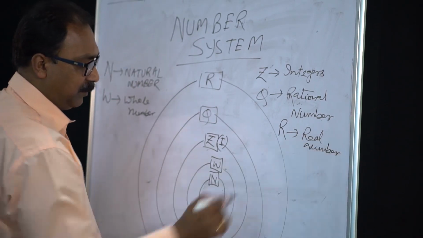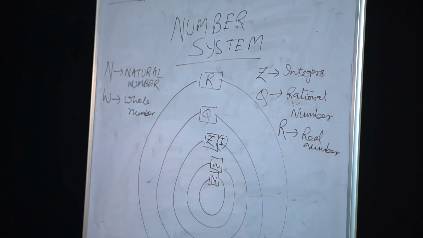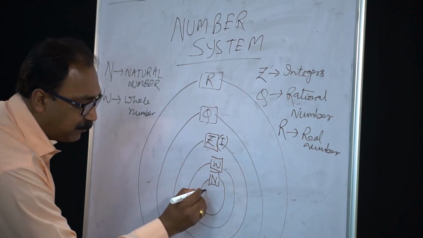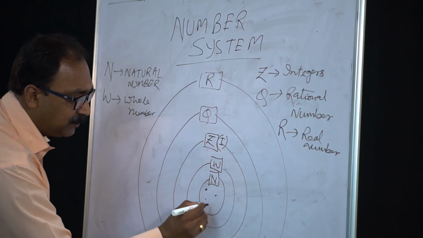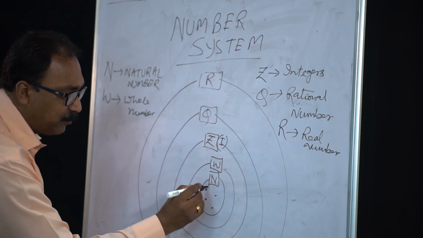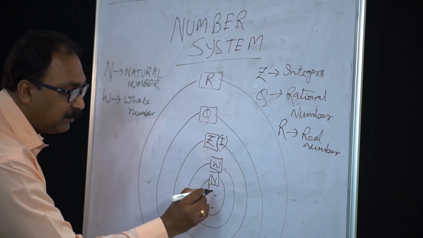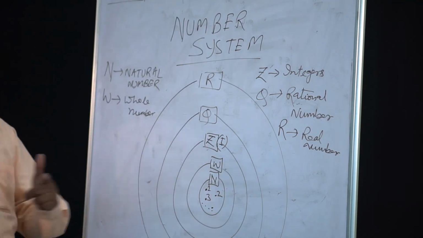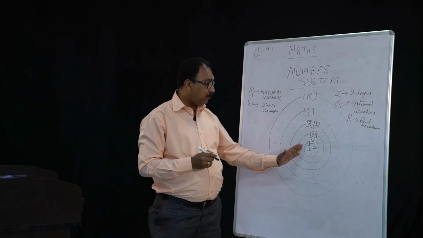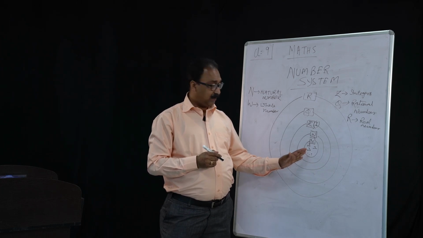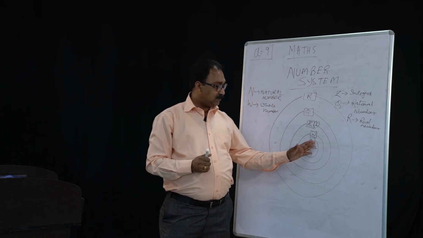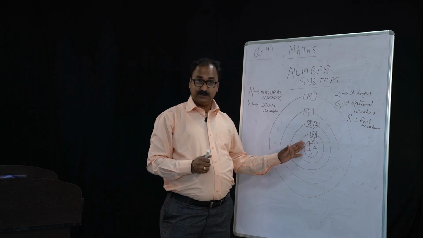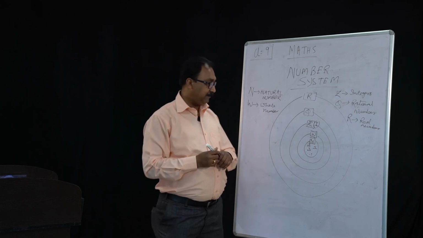Okay. Now what are these numbers? Please look here. If I make some dots, each indicating a number, so many we can write: 1, 2, 3, many we can write. So what does that indicate? Natural numbers are all positive numbers, going towards infinity.